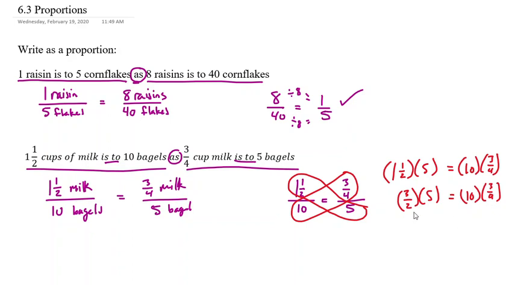For 5 times 3/2, we turn 5 into a fraction, 5 over 1, 3 times 5 is 15 over 2 times 1 is 2. And then same with the 10, put it over 1, 10 times 3 is 30, and 1 times 4 is 4. And 15/2 does equal 30/4, because if I reduce 30/4, dividing by 2 top and bottom, I would get 15/2, so that is true.